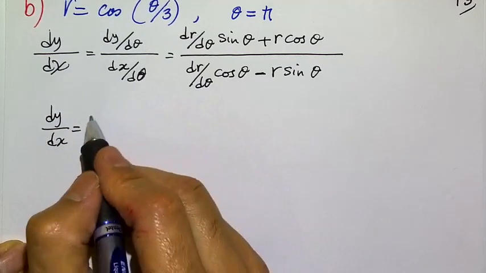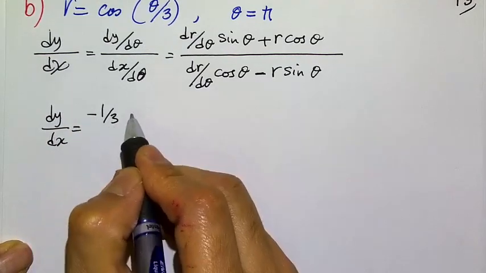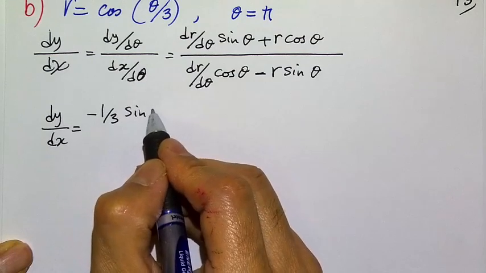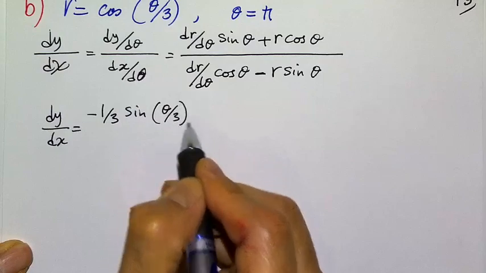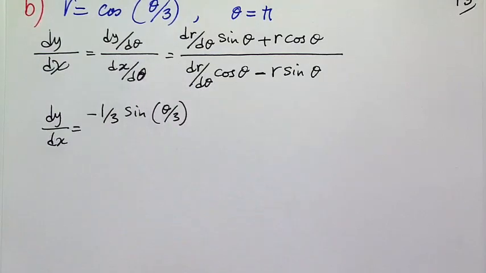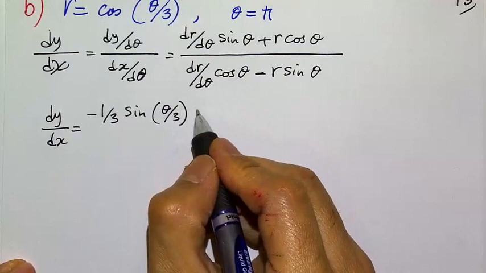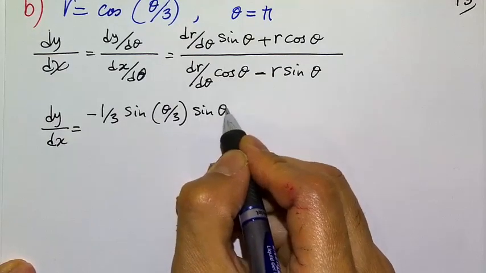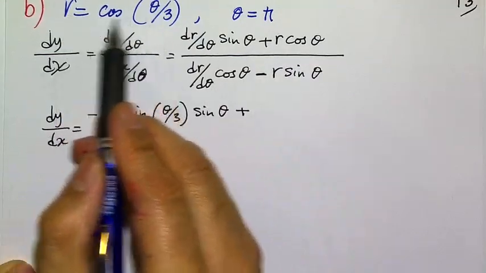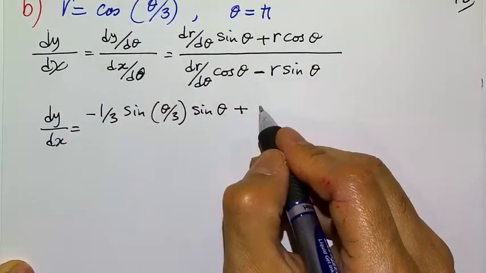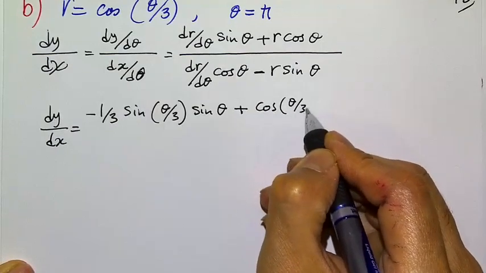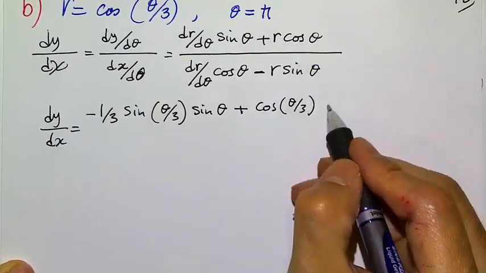So we have minus 1/3 sine of theta over 3, that's dr/d theta, times sine of theta, plus r, which is cosine of theta over 3, times cosine of theta.